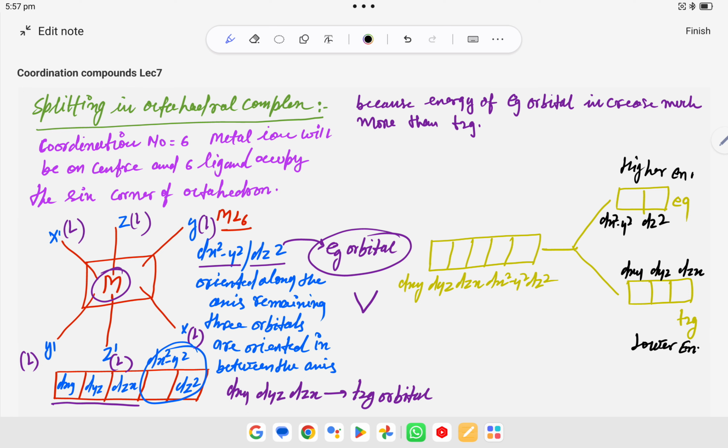Higher energy, previously also I said axial orbitals, because these two, dx square y square and dz square, lie along the axis, and these are non-axial orbitals.